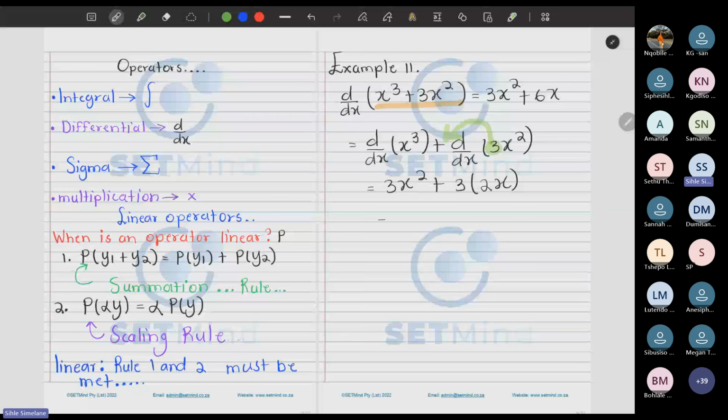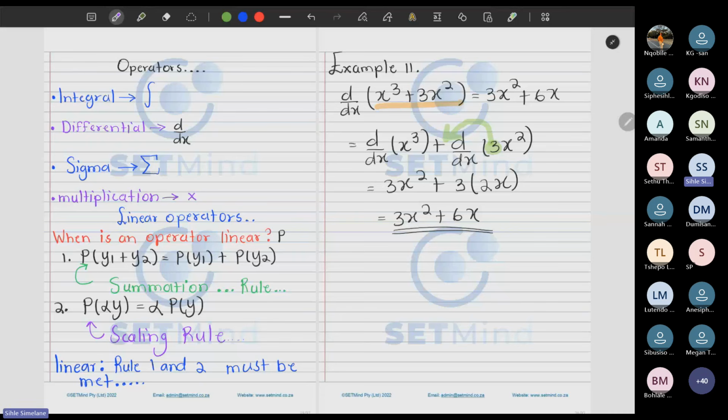Now, let's have a look at more generic problems, because in your problems, you will be asked to prove if a certain operator is linear. But before I do so, do you understand what I said so far? I can see we have some thumbs up.